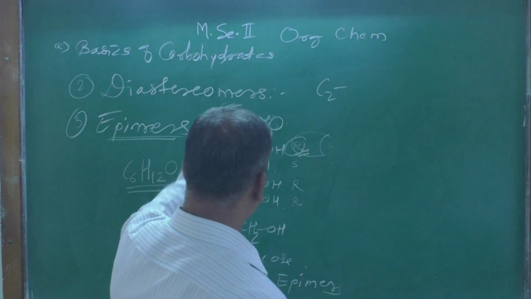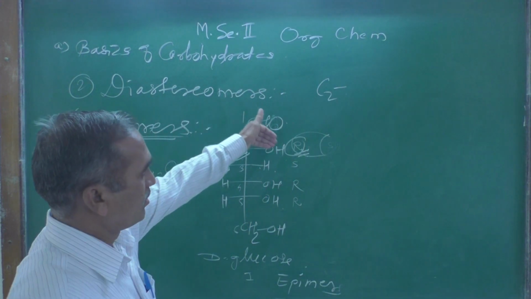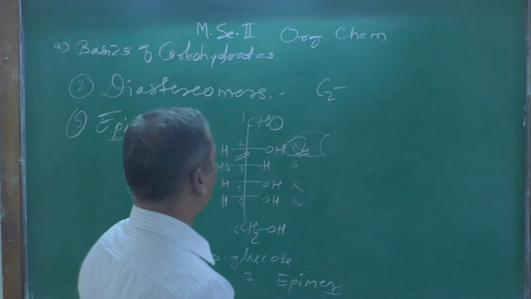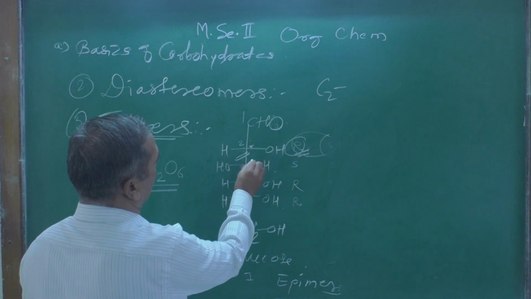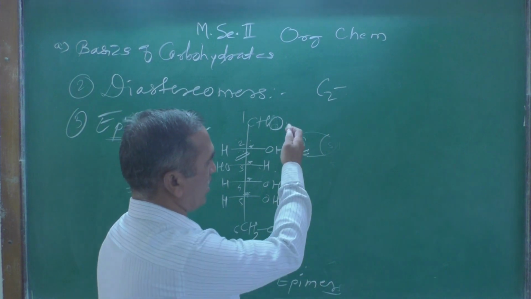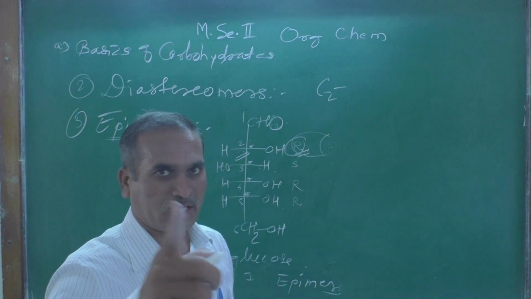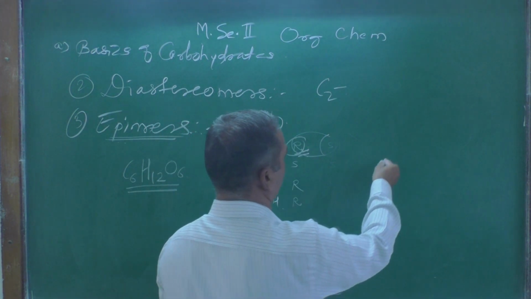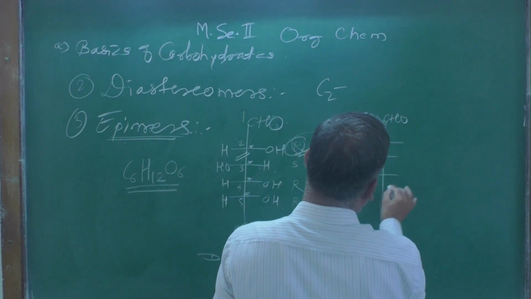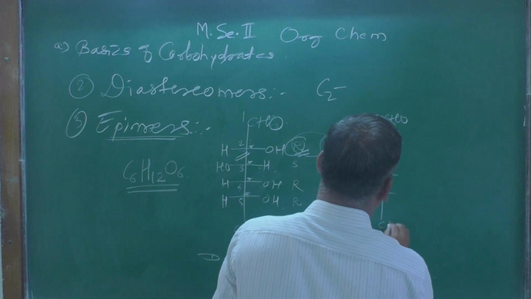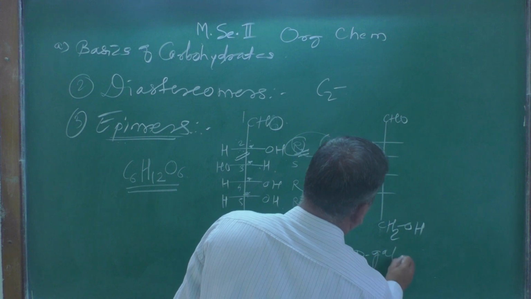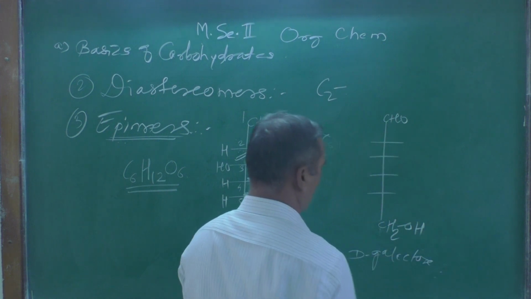This is the structure of D-glucose, and the absolute configurations are written at every chiral center, because there are four chiral centers present in D-glucose. Now for galactose: CHO, 1, 2, 3, 4, and here we write CH2OH. This is D-galactose.